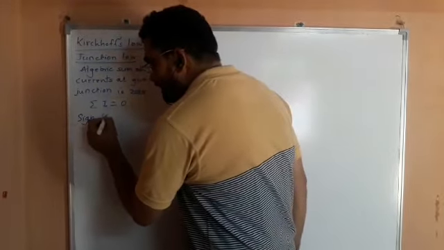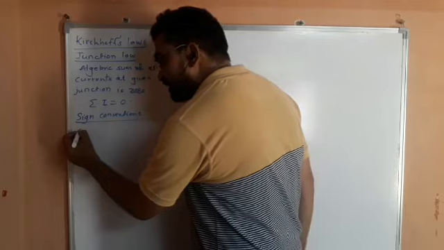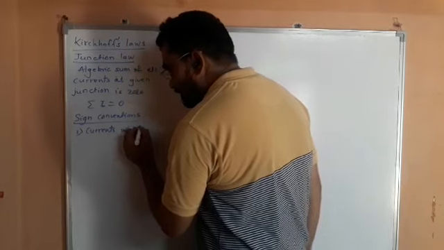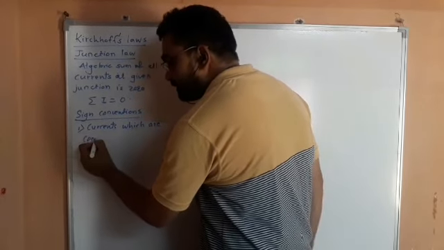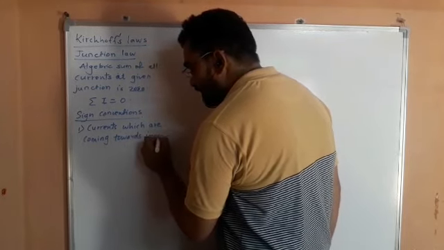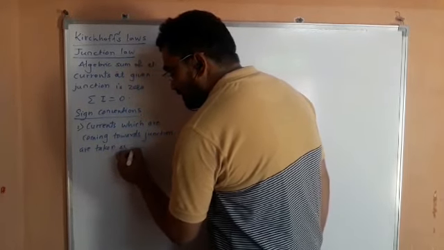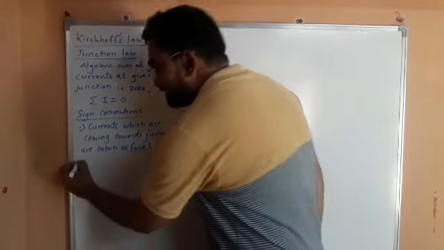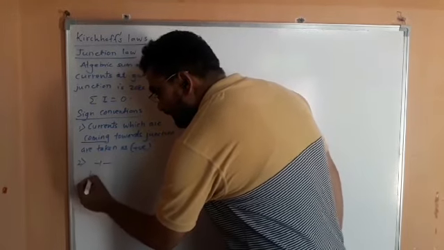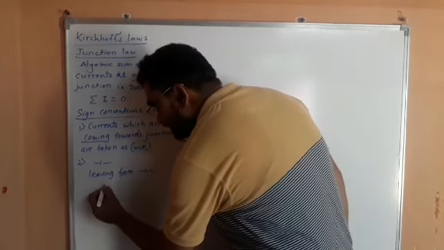If I use sign conventions here, the important ones are: first, currents which are coming towards the junction are treated as positive. Whereas in the second sign convention, currents which are leaving the junction are treated as negative.